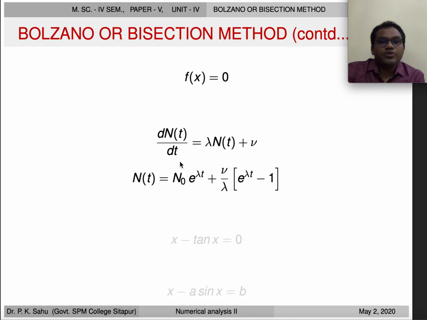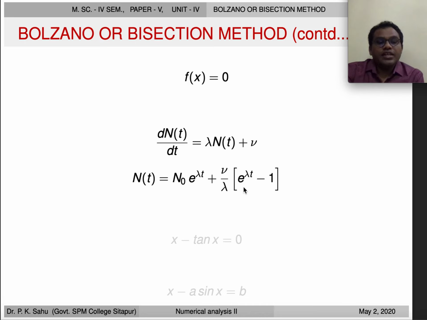The solution of this equation can be given by this equation, and here n0 is the population at initial time. So here we came across an exponential equation.